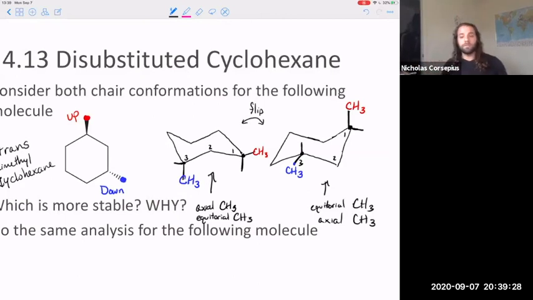So they're equivalent, right? In this case, neither one of these conformations would be more stable than the other because they both have the same problem. They both always have an axial group. So in this case, you would say that they are equally stable. One's not better than the other.